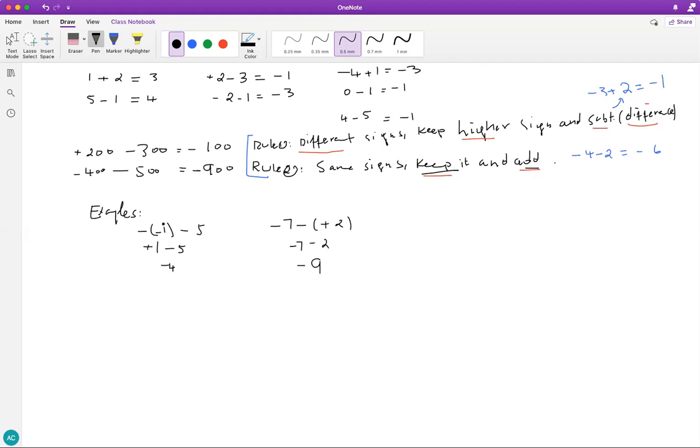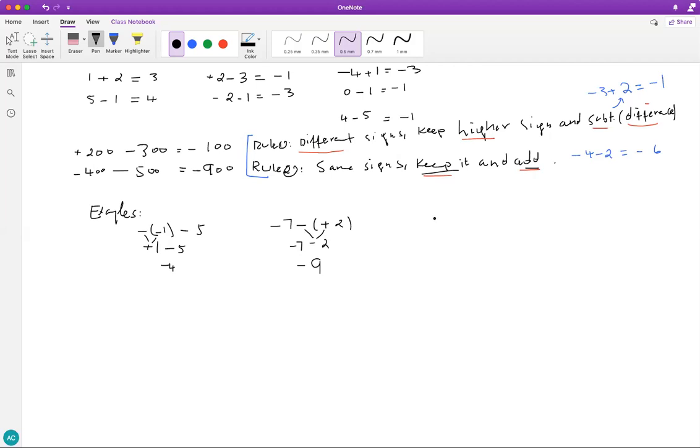Okay, so if you see a double negative or a double sign like this, try to simplify that first, turn it into one sign. So these two turn into one sign, which is negative. These two here turn into one sign, which is positive. And then simplify after that.